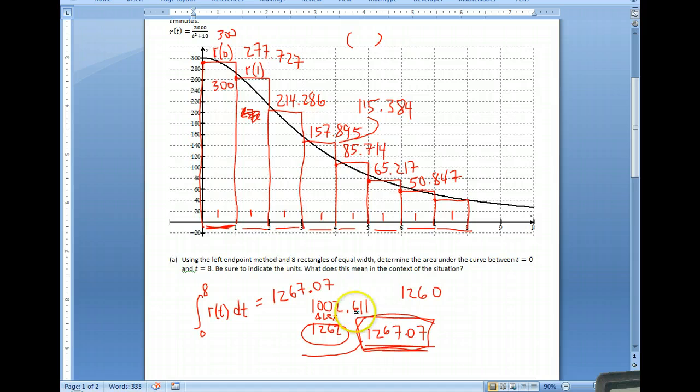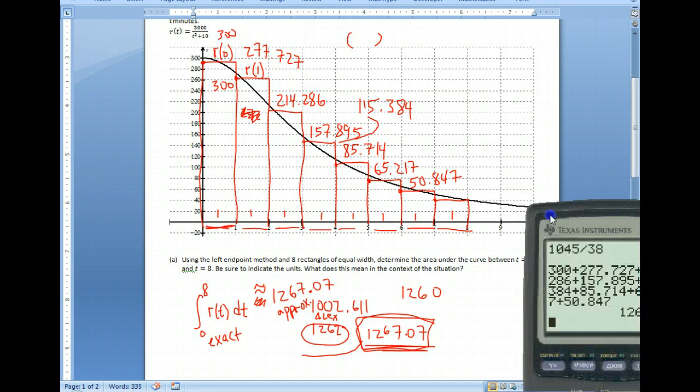No, approximately. Why is it only approximate? Because you were estimating. This represents the exact area under the curve, and this would be an approximation. How would I find the exact at this point in your life?